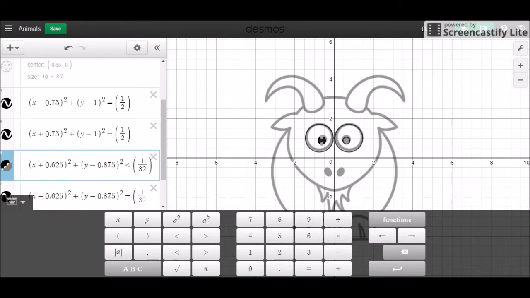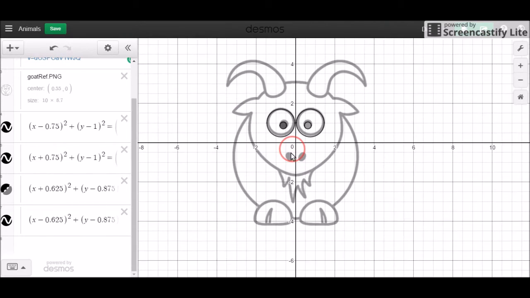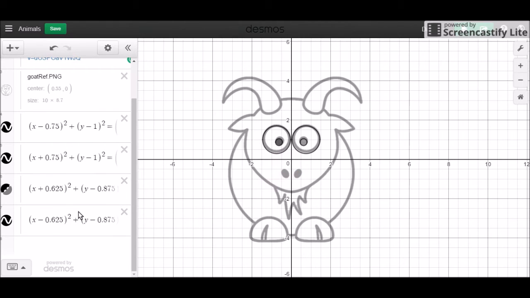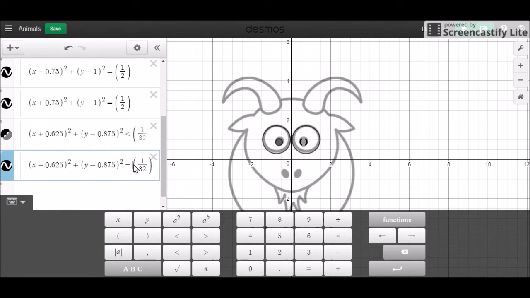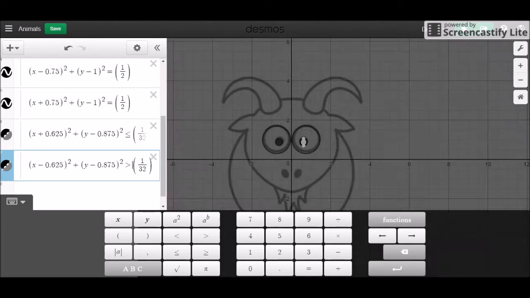If you want to fill something in on Desmos, you can just use this inequality sign. And if for whatever reason you want to shade everything outside the circle, you just use the greater than or equal to. And the only thing that will not be shaded would be the circle itself.